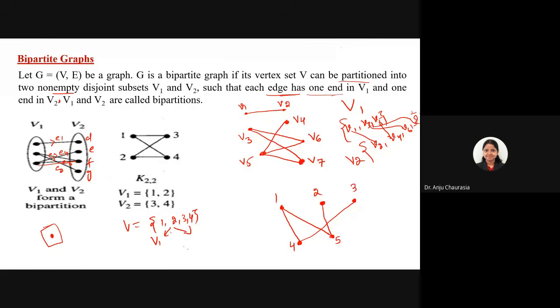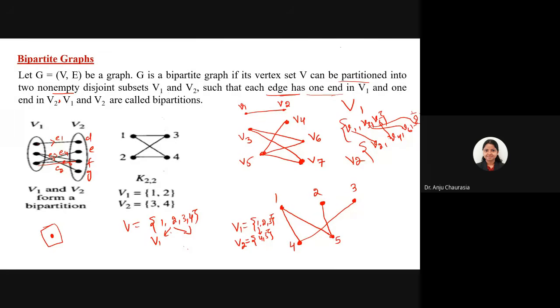Everyone? Now for this, you can check, suppose V1 is here, 1, 2, 3. I'm not able to see the screen if anyone is typing something because I am in full screen. I have done full screen here, 4, 5. So now you can check whether it is bipartite or not. I'm telling you my method. 1, 4 means 1 is coming from here and the 1, 4 edge is there.